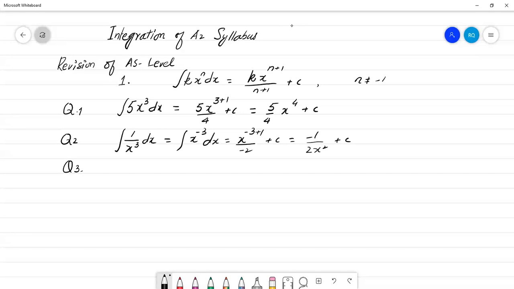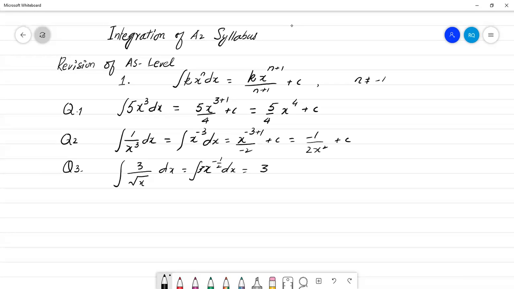Question number 3 is, if I have 3 over under root x, just like this one. As I said before, integration of the simple in AS level, no term of x must be in the denominator or in the radical sign. So you have to write it in the exponential form. So you have to write 3 as it is, x raised to power -1 by 2 into dx.